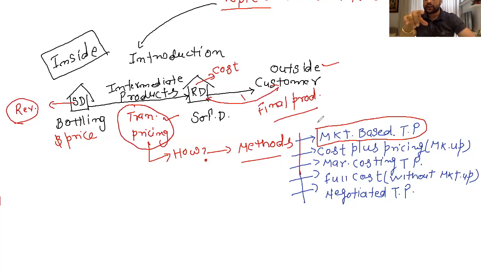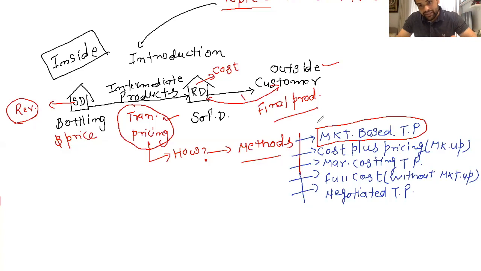But transfer pricing, basically, we use in the decentralized system. A decentralized system is a system where we look at the performance of individual divisions instead of the organization as a whole. Because if individual division performance is good, as a result the full organization's performance is good.